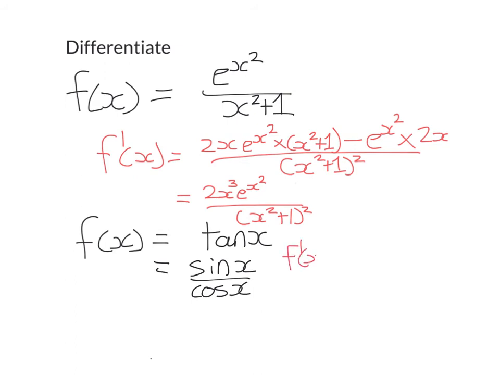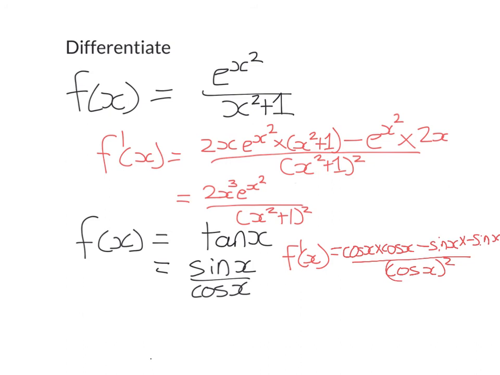So the derivative of this will be the derivative of the top, so the derivative of sine x is cos x, times the bottom, minus the top times the derivative of the bottom. Now remember, the derivative of cos x is minus sine x. So it'll be minus sine x times minus sine x. So that's on top, and what goes on the bottom is the bottom squared.